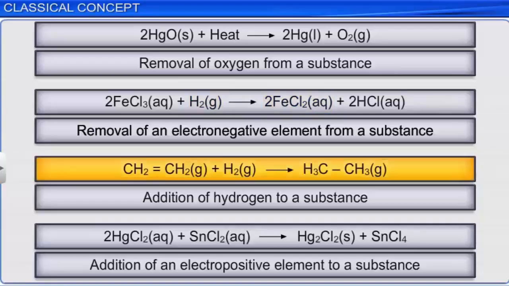In the fourth equation, the reaction of mercuric chloride with stannic chloride produces mercurous chloride and stannic chloride. In this reaction, mercury, an electropositive element, is added to mercuric chloride.